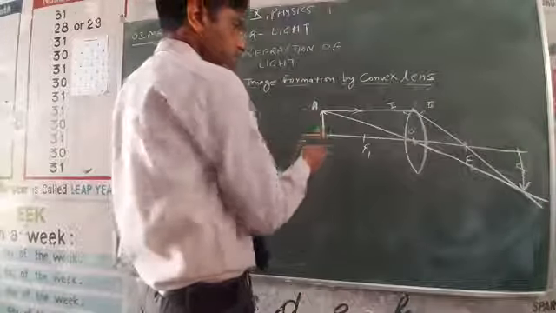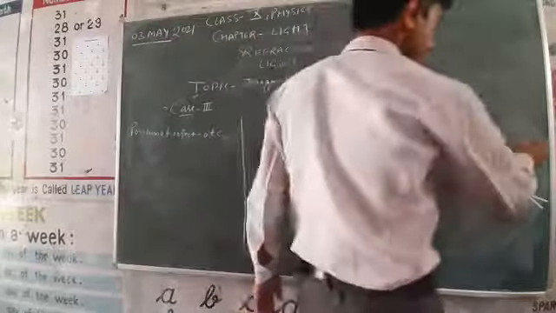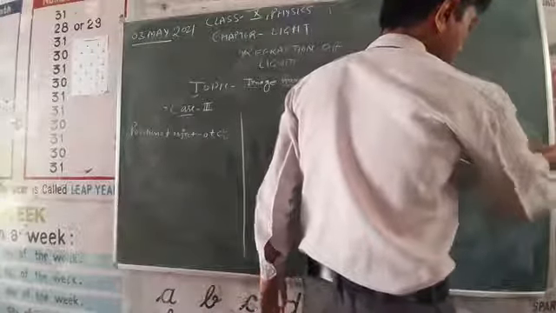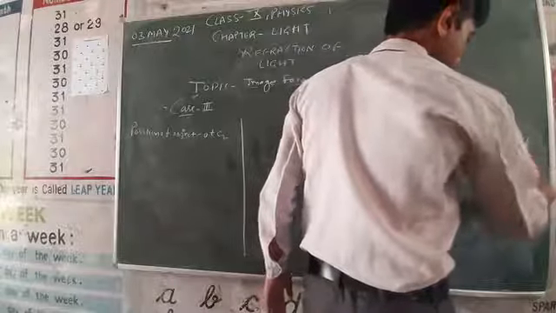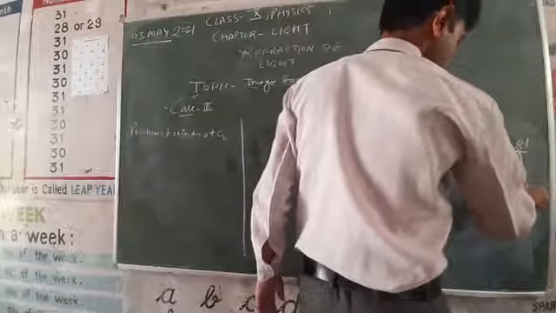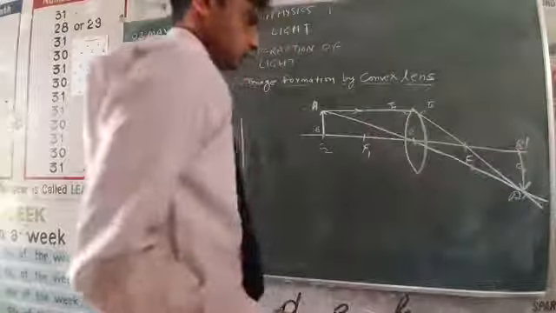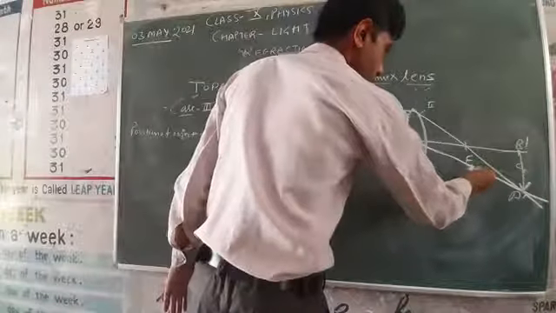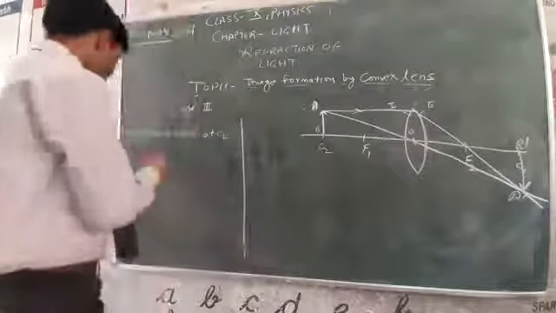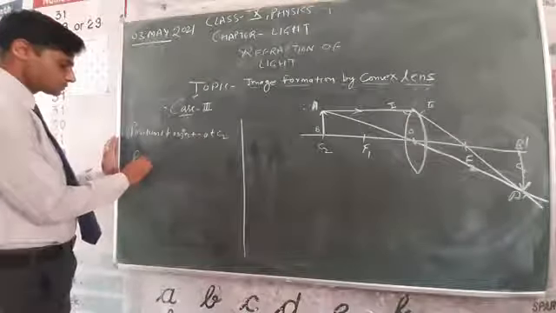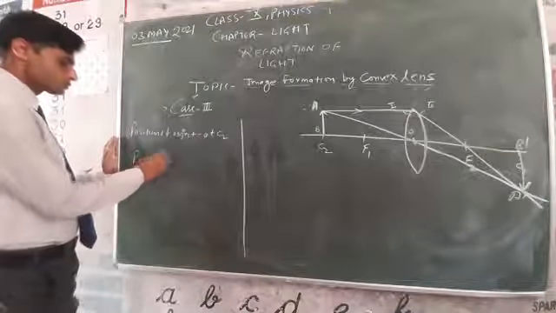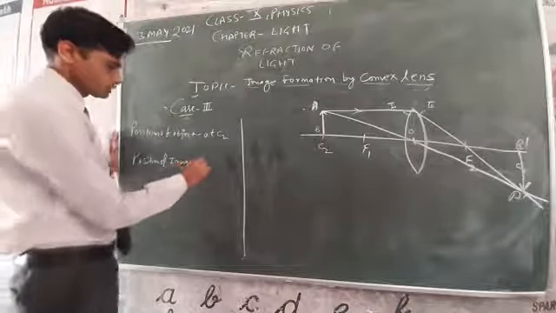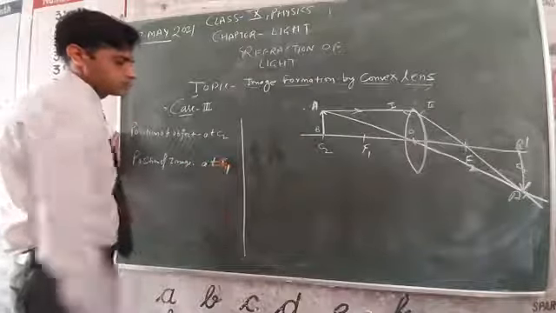So this is object AB, and this is image B dash A dash. By the ray diagram, you can see the position of image at C1.